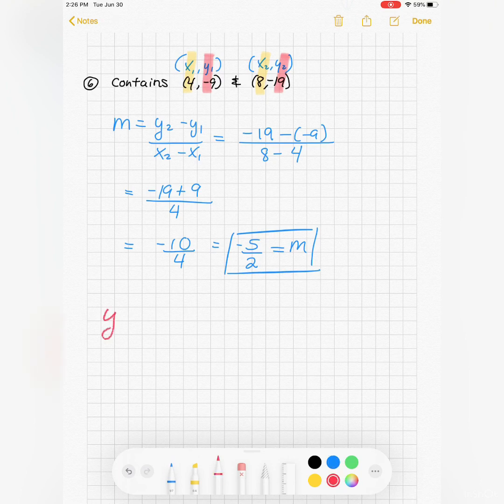Okay. Then I'll go with my point slope form. I have to fill in the y1, the m, and the x1, right?